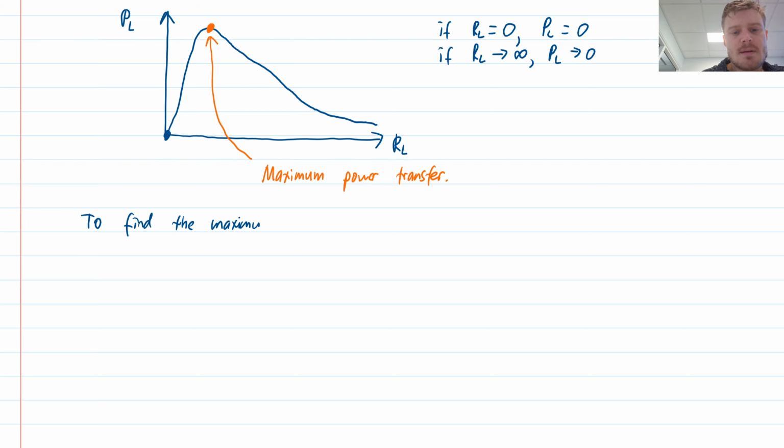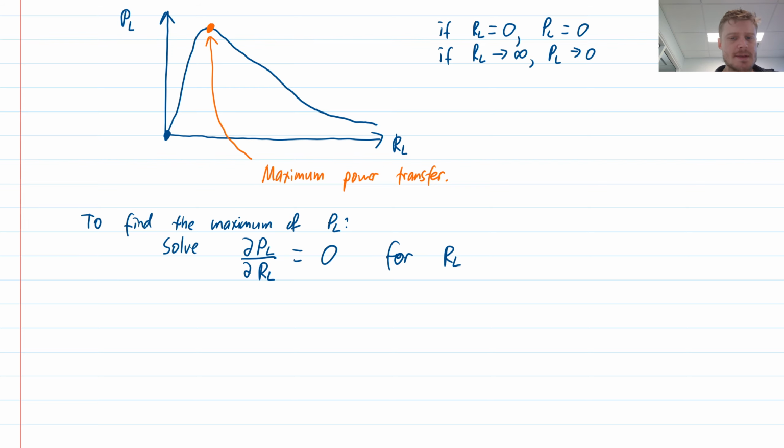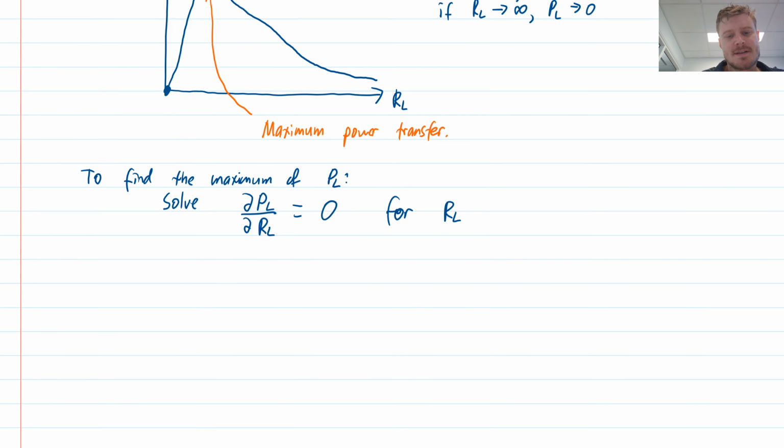To find the maximum of the power in the load, I would take the derivative of PL with respect to the load resistance, and solve that equal to 0 for a value of RL. The mathematical derivation is in the textbook. The answer that you get when you do this is the following.